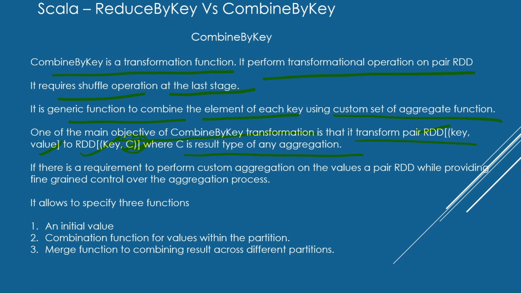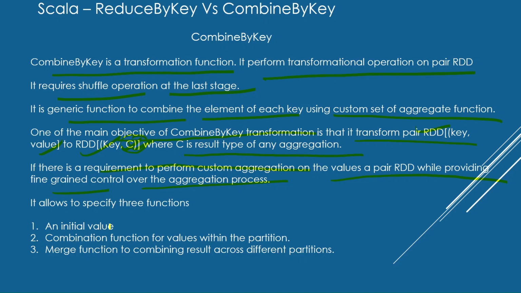If there is a requirement to perform custom aggregation on the values of a pair RDD while providing fine-grained control over the aggregation process, this is the same thing. Whenever you want to do any kind of custom aggregation on top of an RDD where the data sits in key and value pairs, and you want to perform custom aggregation on the values for each and every key, then with the help of combineByKey, we are able to achieve it.